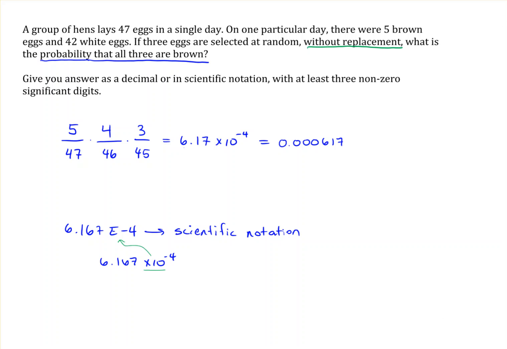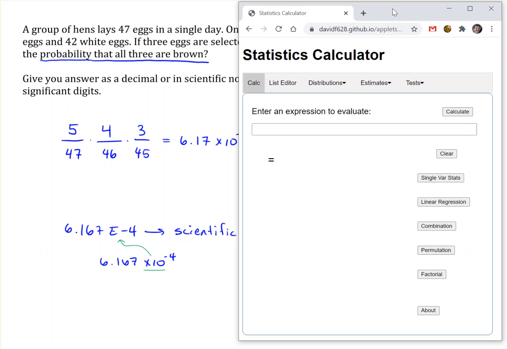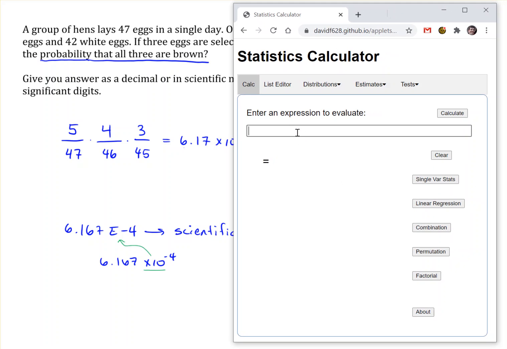Now, if you use other technology, like if you're using the stats calculator, for instance, it is possible that other technology gives you more decimal places to work with. So for instance, if you wanted to do this problem here, what we would do is type it in the same way.